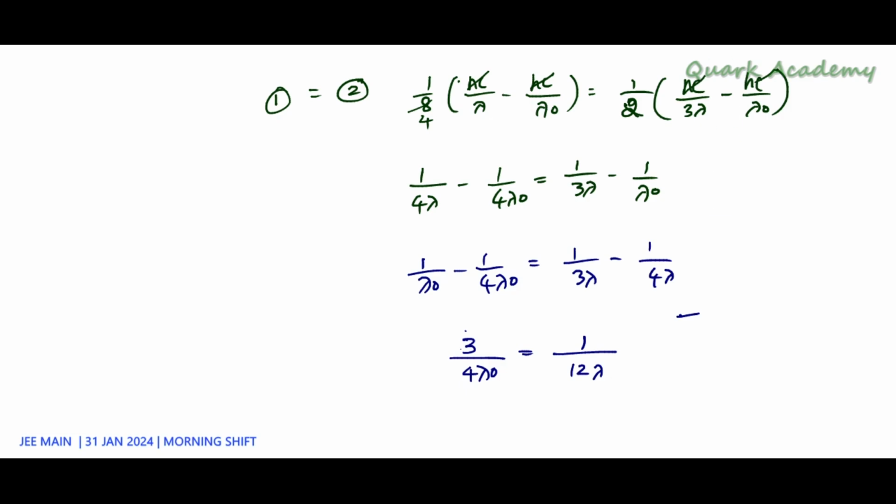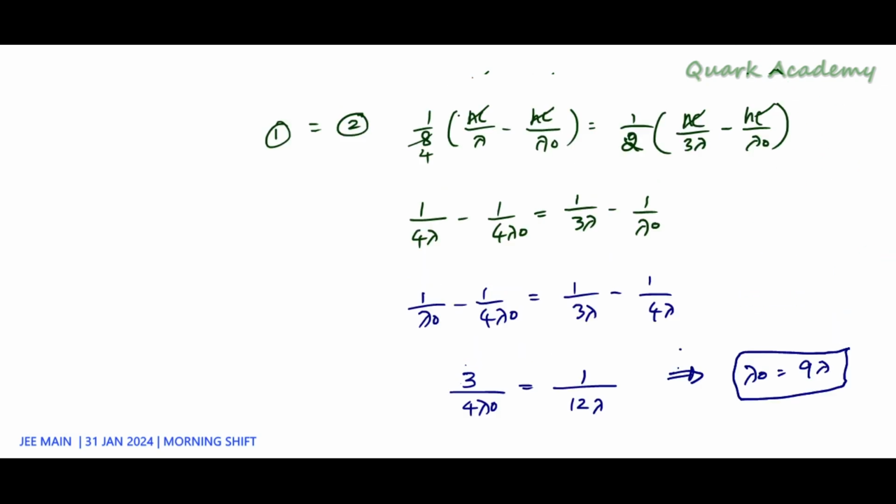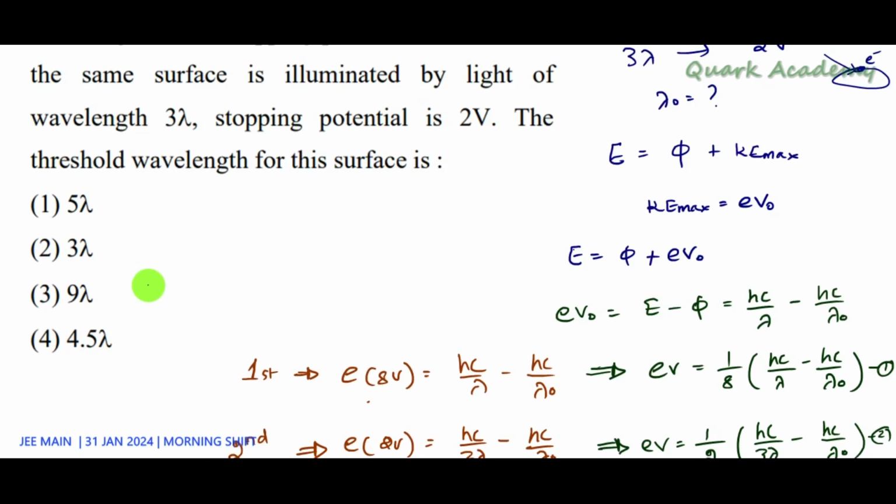From this we can write lambda 0, which is equal to 9 lambda. So here the cutoff wavelength or threshold wavelength is 9 lambda.